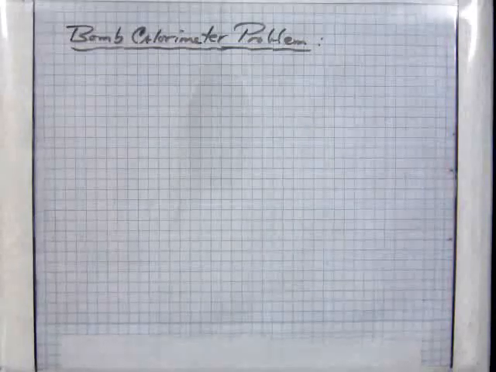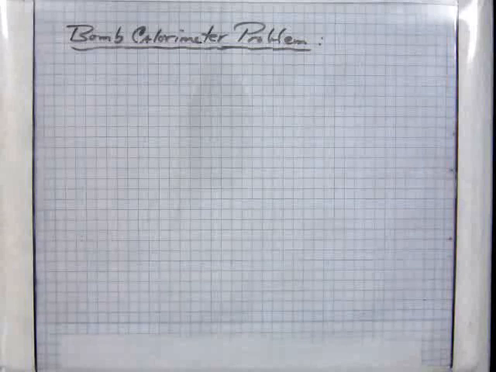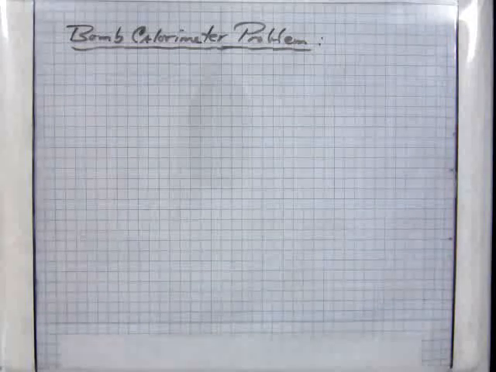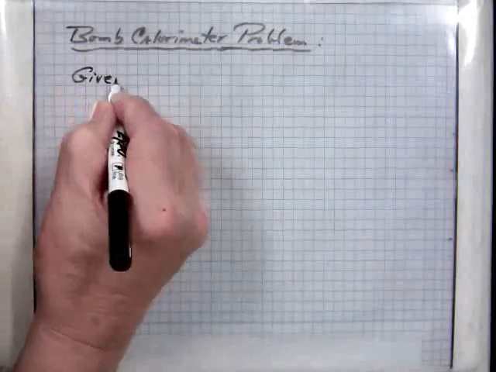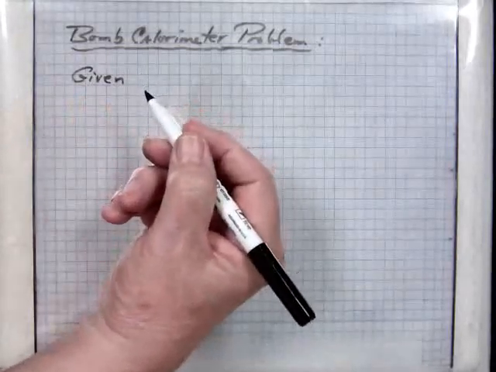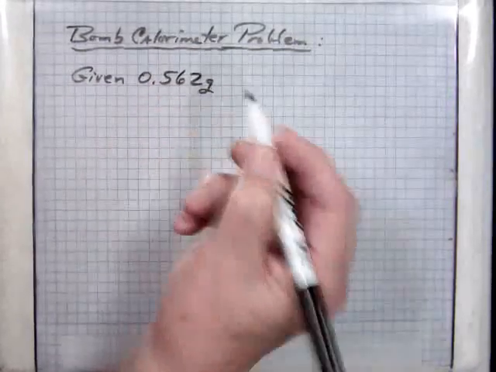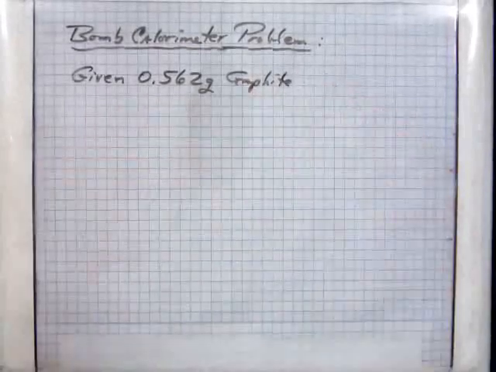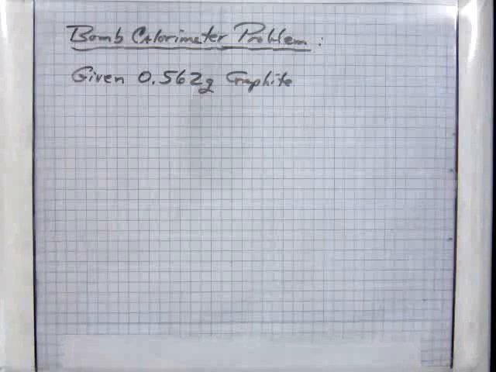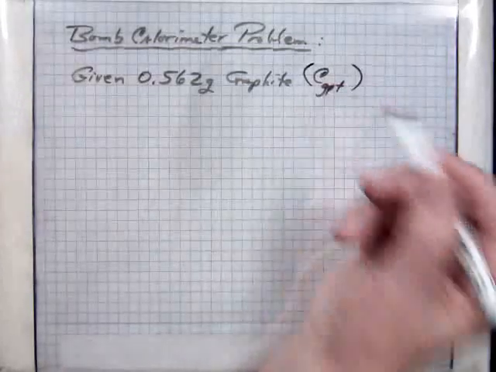Okay, so what we're looking at here is what we call a bomb calorimeter problem. And it's very simple, very straightforward, but I do need to emphasize a couple of points about this, okay? Suppose we're given 0.562 grams of graphite, which is standard form of carbon, like that.